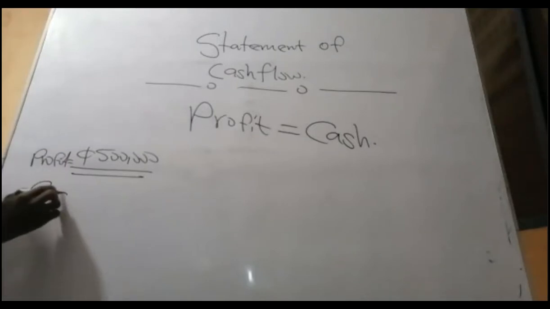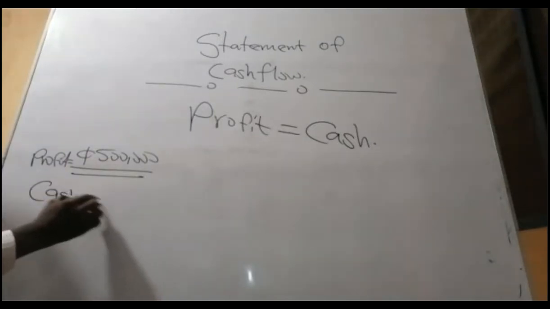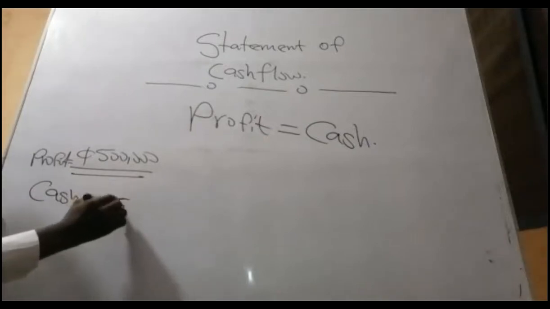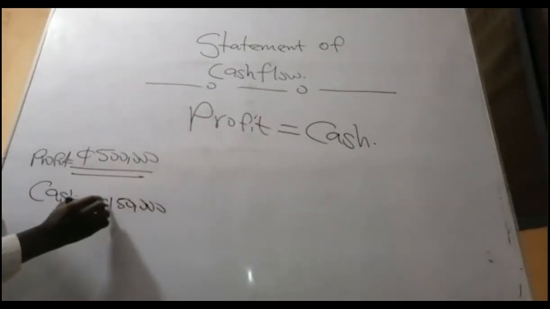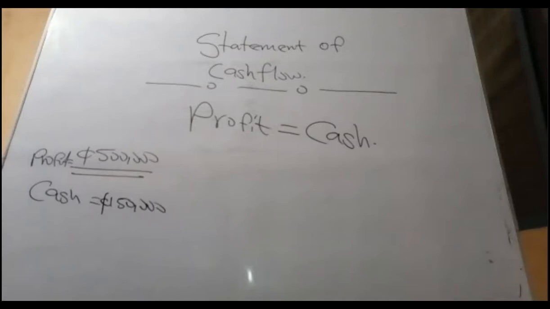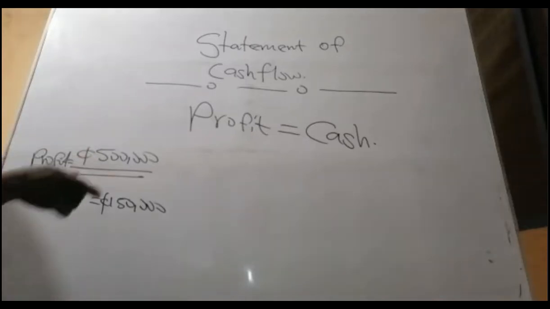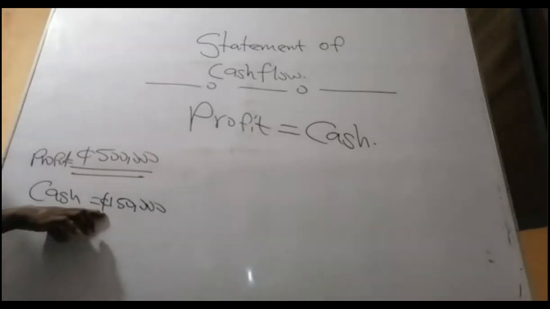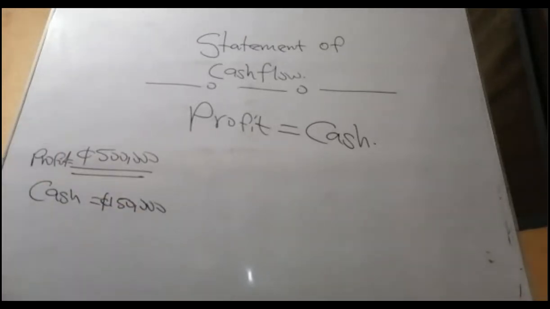The cash balance is just 150,000 cedis. They'll ask you where the remaining balance is. Yes, Mr. Accountant, where's the remaining balance? To explain to the owner why the remaining balance was lost, you have to prepare a cash flow statement.